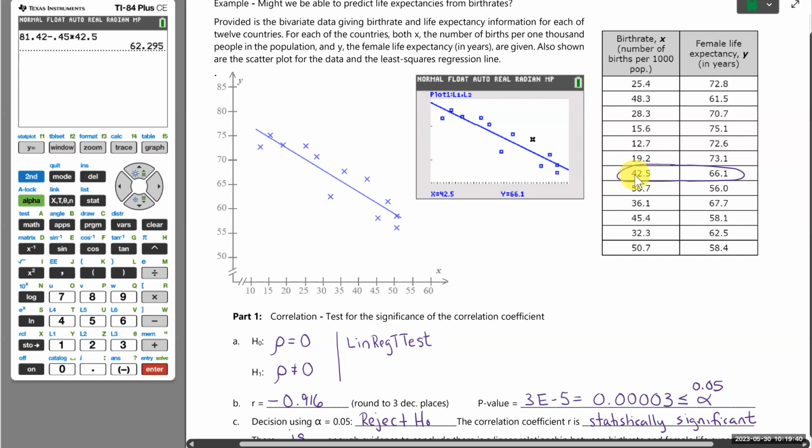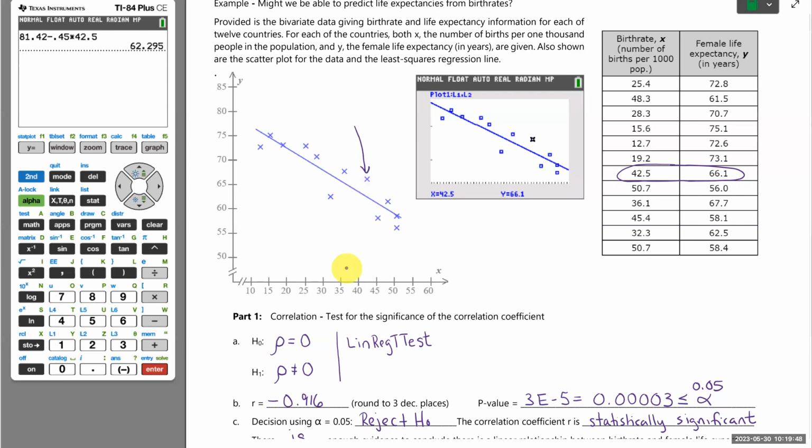And let's go ahead and label that on the graph as well. So that value on the scatter plot, so that point is our XY value. So 42.5, that country had a female life expectancy of 66.1 years.